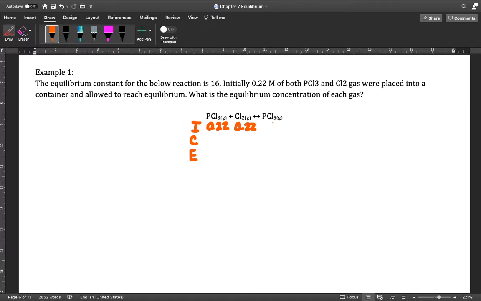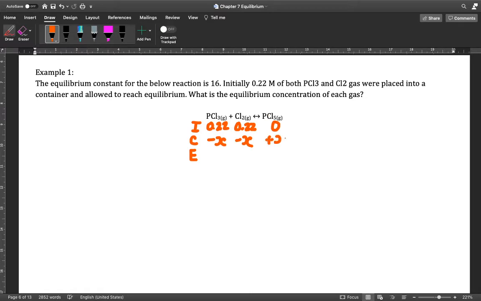We have 0 PCl5, so we're not starting off with any product. We don't know anything else in this question other than the value of K. So I'm going to assign values for the change. Whatever change occurs for the reactants, if it's reducing to reach equilibrium, is going to be gained by our product.